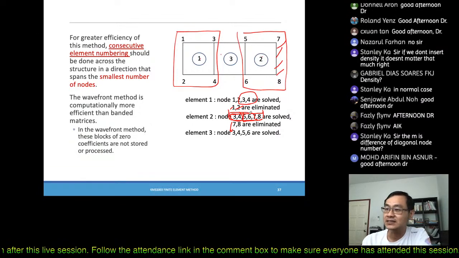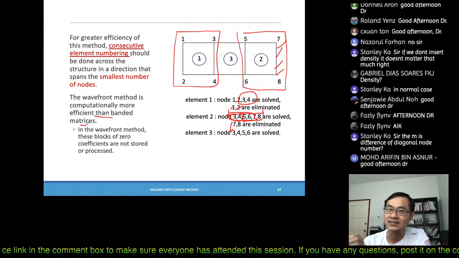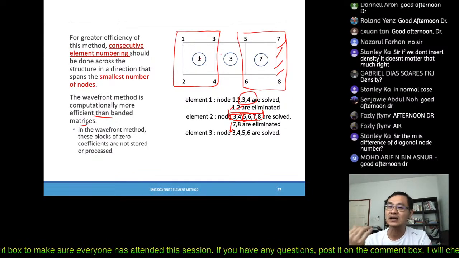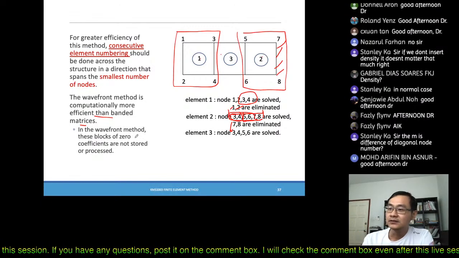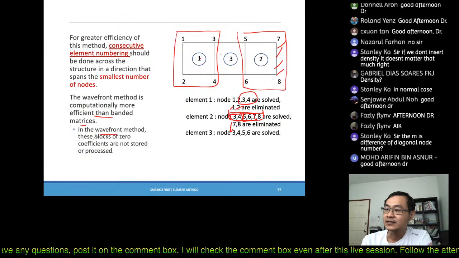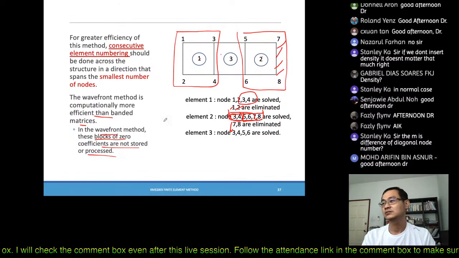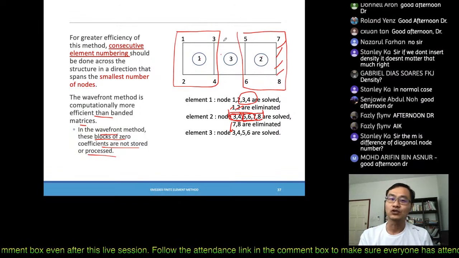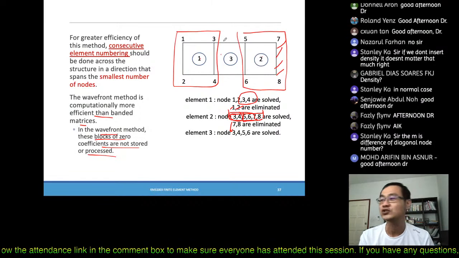So this wavefront method is computationally more efficient than the banded matrix because it doesn't load the whole thing. It solves it part by part, right? And in the wavefront, this block of zero coefficients is not stored or processed. Since you don't have to load the whole matrix, there are no zeros that you have to deal with most of the time.